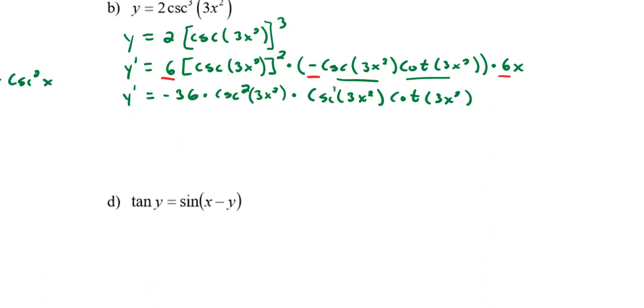This is like to the power of 1. So the last part would be negative 36. Oh, I forgot the x, didn't I? So minus 36x, and then combining these to be cosecant cubed of 3x squared, and then just times cotan.